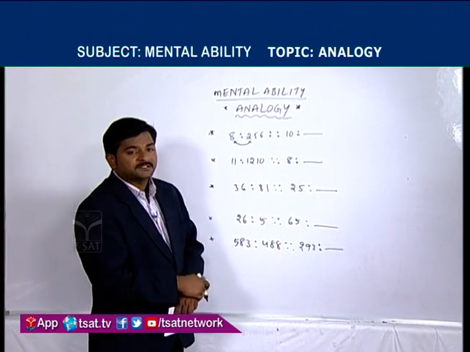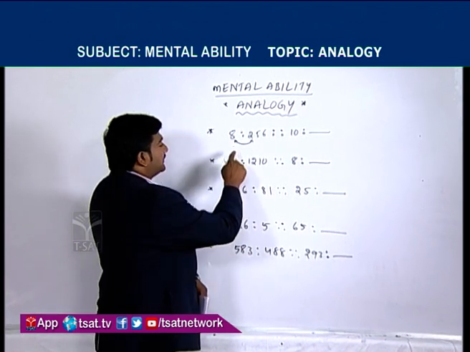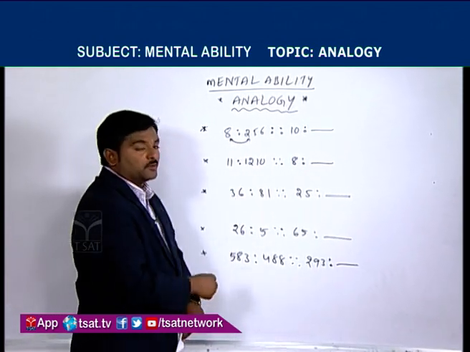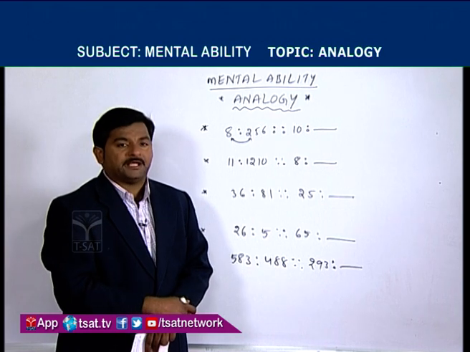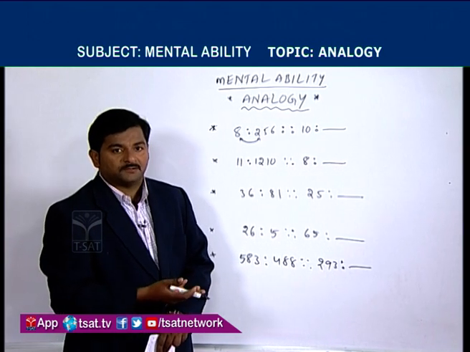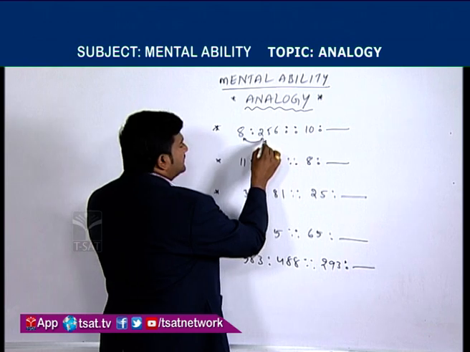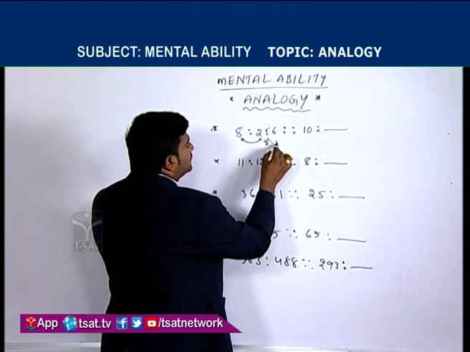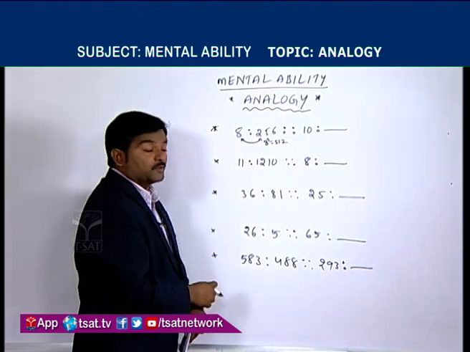8 and 256. To identify the relationship between these two numbers, you must know the 8 cube value. 8 cube value is how much? 512. We know everybody 8 cube is 512, but 256 is given.